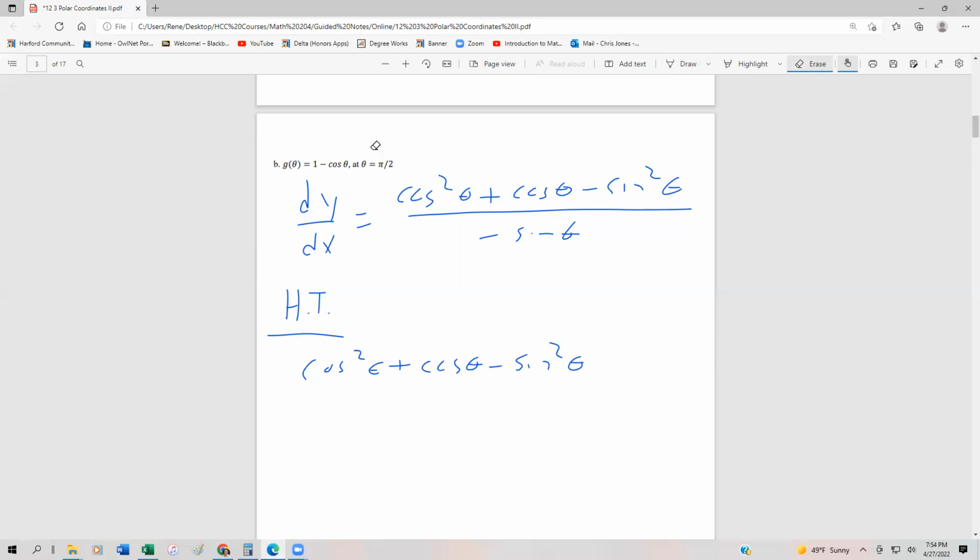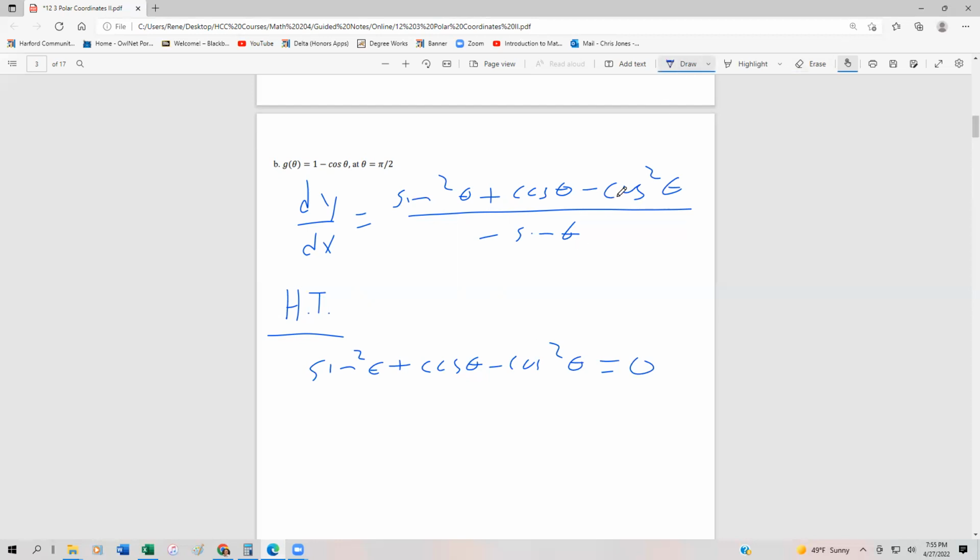I think the derivative, and you guys can go back in the video, but I'm almost certain, because we got a negative 1, I think it was sine square minus cos square. So that was just a memory error, but this should be it. If not, I'll just re-record it, no big deal. But this should be sine square theta plus cos theta minus cos square theta is equal to 0. Okay, now cos to the negative 2.